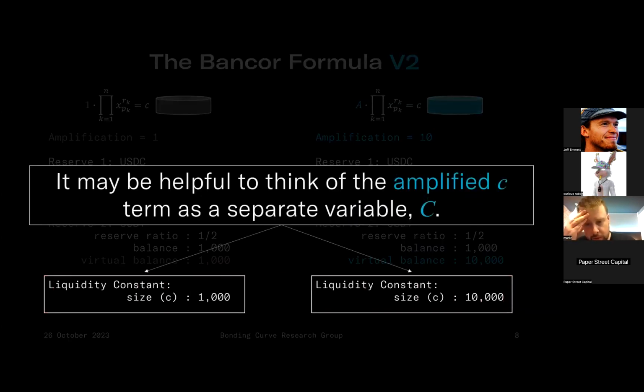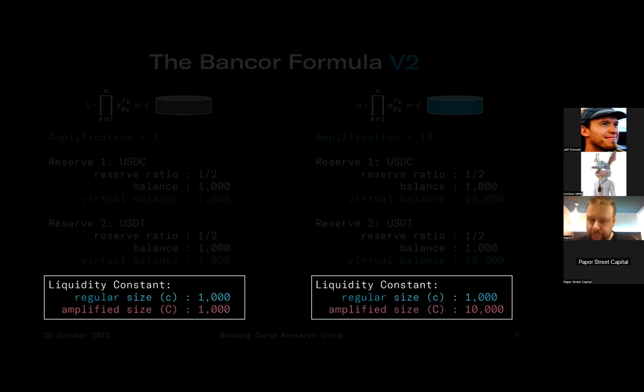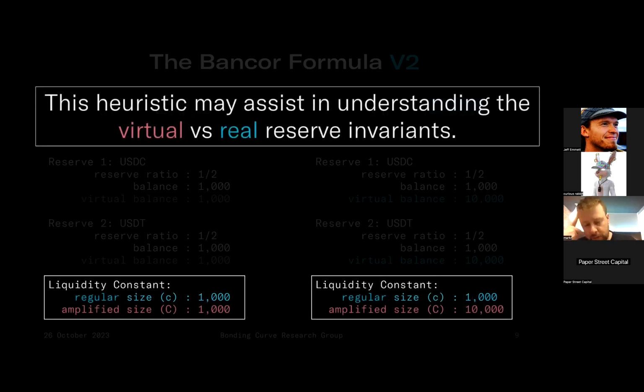So instead of using the same symbol for both of these constants, I thought it might be better to introduce a new constant, capital C, where capital C always refers to the amplified size and little c always refers to the real size. In this case, you can see that Bancor V1 is just a special case of Bancor V2 in the sense that its amplification coefficient is 1.